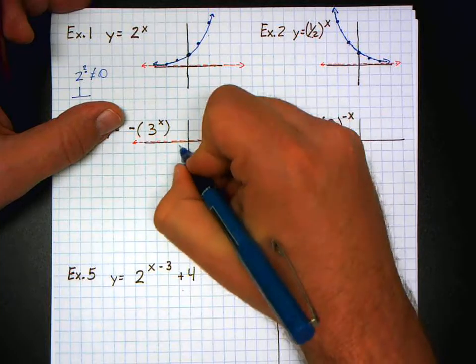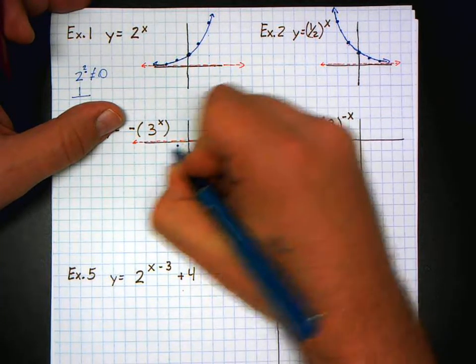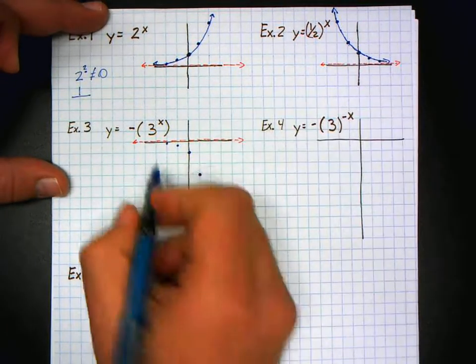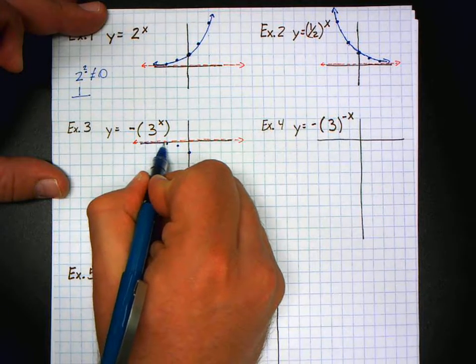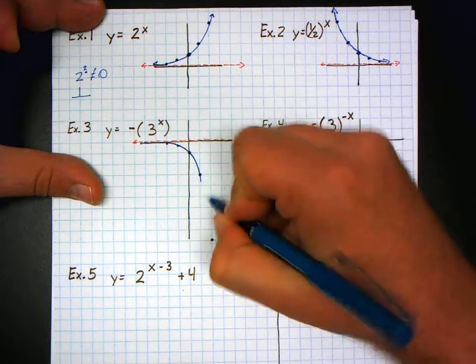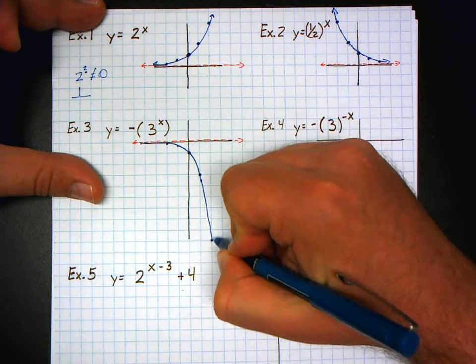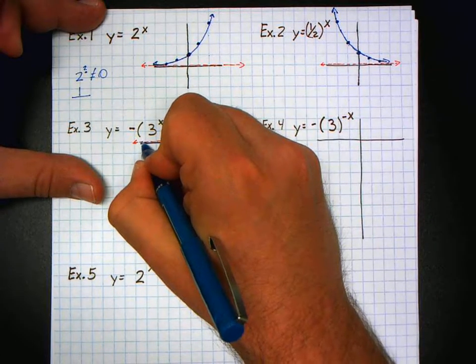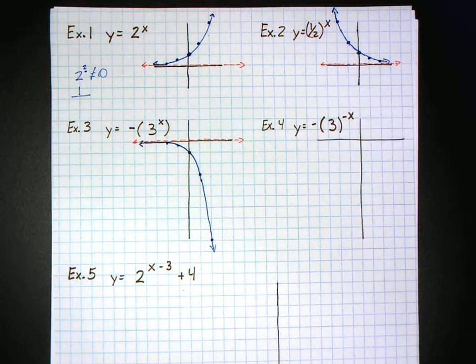Okay, going the other way, I'd have 1/3 and 1/9. So again, all the negative sign in front of it does is flip it over your x-axis.